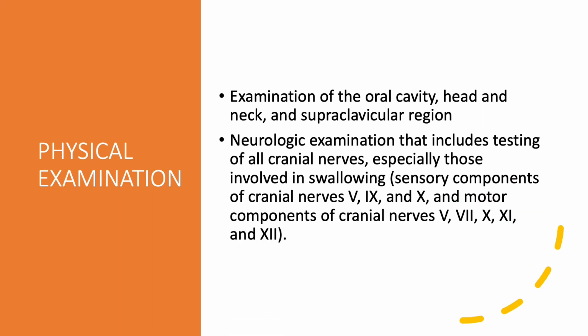Neurologic examination includes testing of all cranial nerves, especially those involved in swallowing: sensory component of cranial nerves 5, 9, and 10, and motor components of cranial nerves 5, 7, 10, 11, and 12. The neurologic examination may also detect disorders with more subtle physical findings.